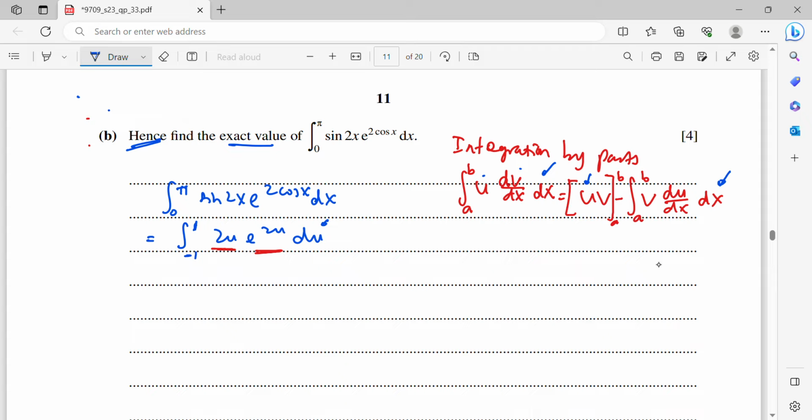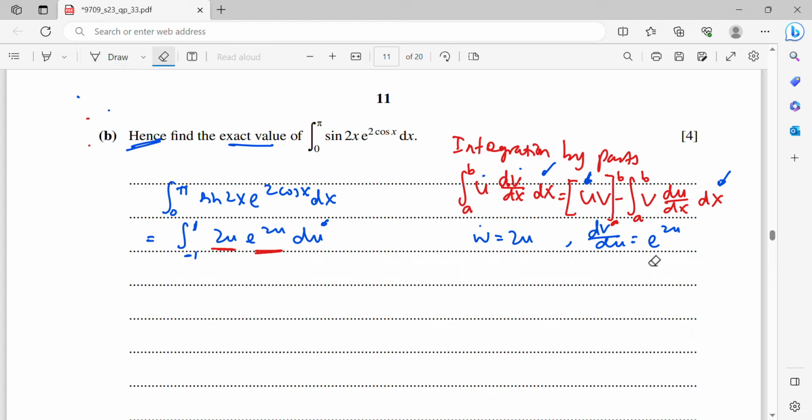I use another letter to replace the u in the formula. So I will let w equal to my 2u. And then dv over dx, I will change to dv over du because you are integrating with respect to u. Then this is e to u.